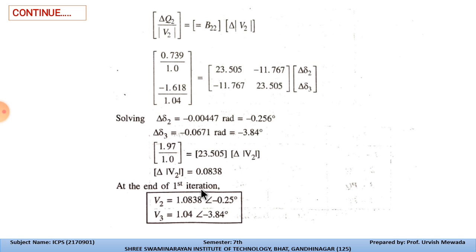So at the end of the first iteration, V2 is equal to 1.0838 at angle minus 0.25 degree, and V3 is equal to 1.04 at angle minus 3.84 degree. So that we already derived over here; this is just where we write the values of V2 and V3 after the first iteration.